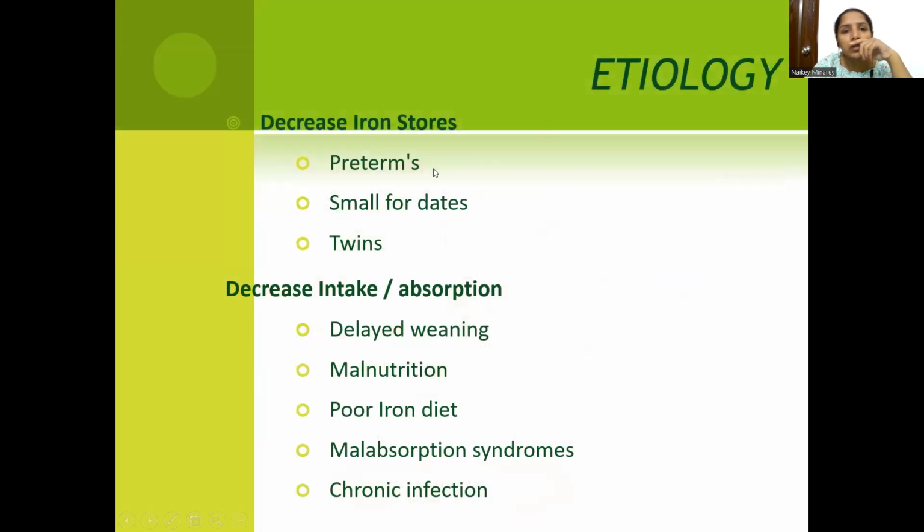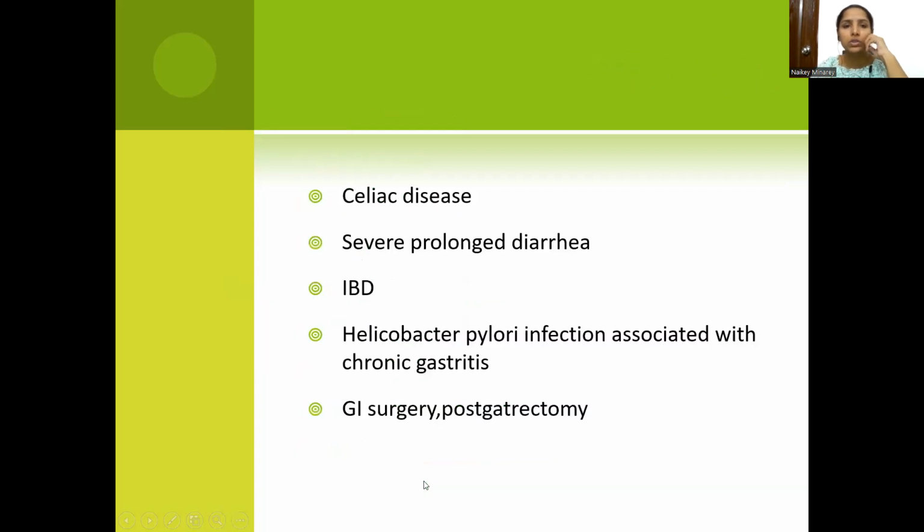Etiology: the decrease in iron stores can be seen in preterm, small-for-date babies, and twins, or it is due to delayed intake or absorption, like delayed weaning, malnutrition, poor iron diet, malabsorption syndromes, and chronic infections.